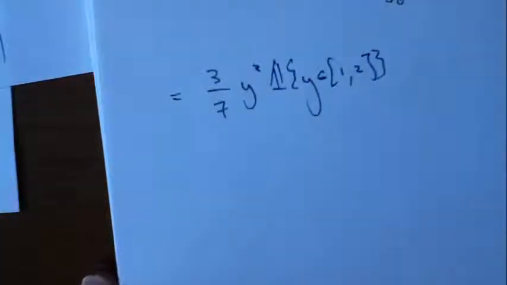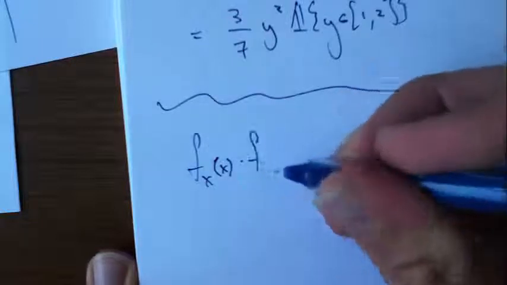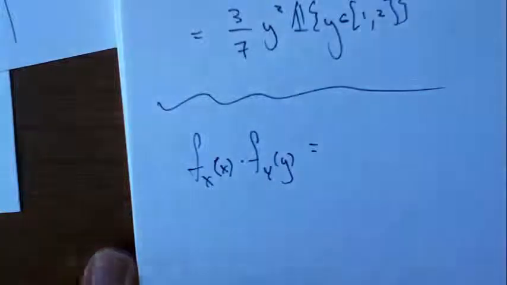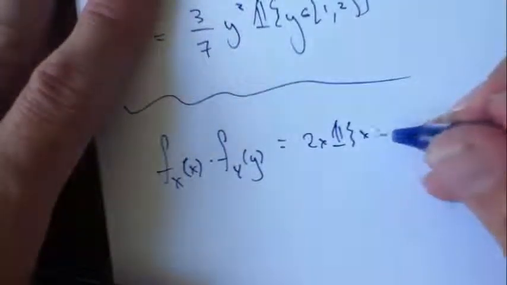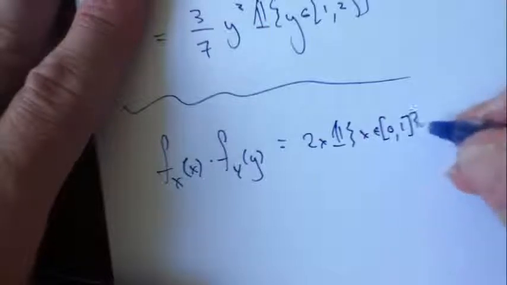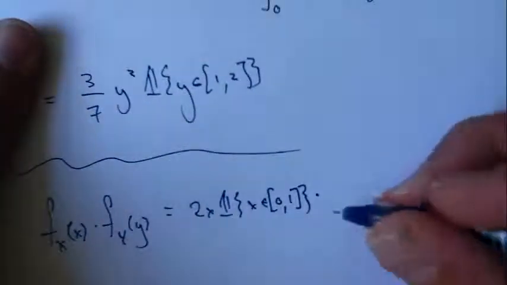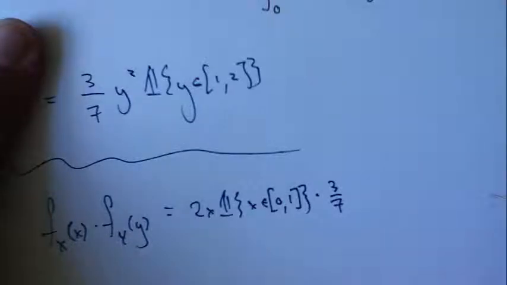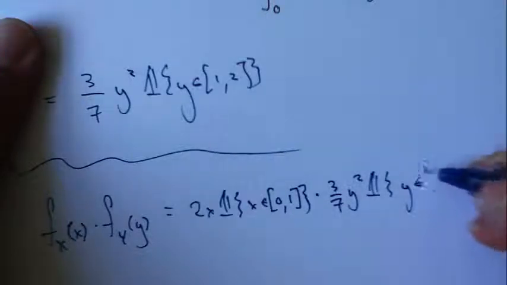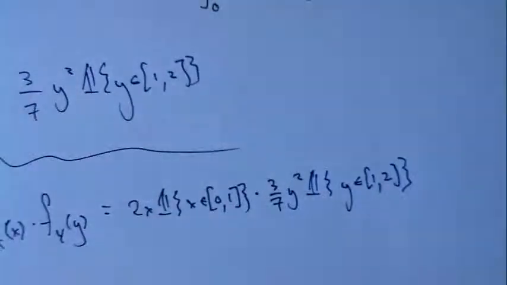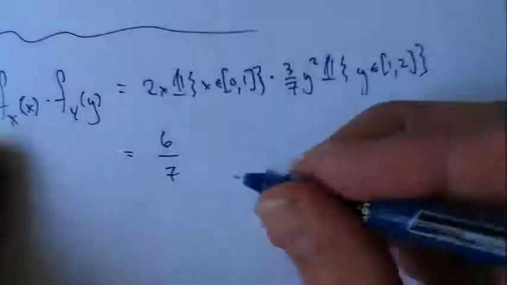So what happens if I take the product of these two marginal density functions, f sub x of x times f sub y of y? f sub x of x was 2x times the indicator that x is in 0, 1, and I'm going to multiply that by the density function for y, which was 3/7 times y squared times the indicator that y is in 1 to 2. 2 times 3 is 6, so it's 6/7 times x y squared.